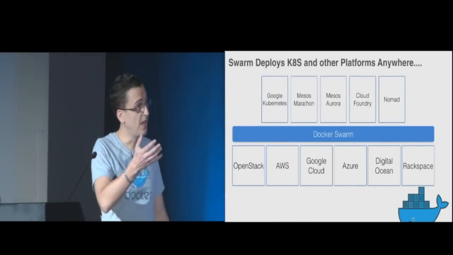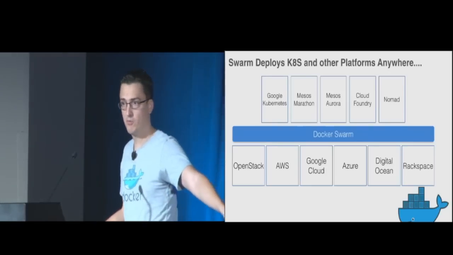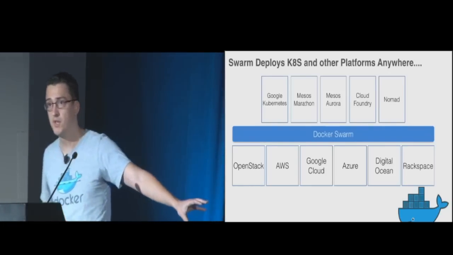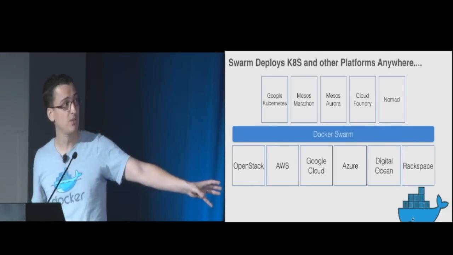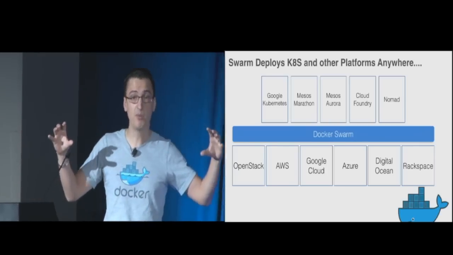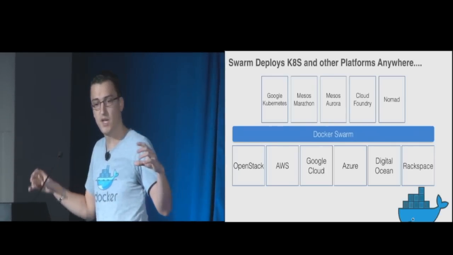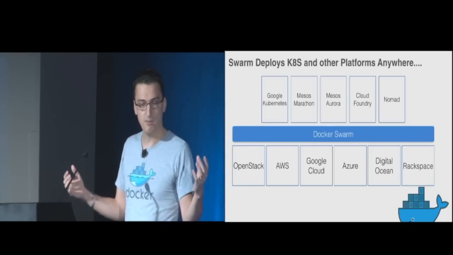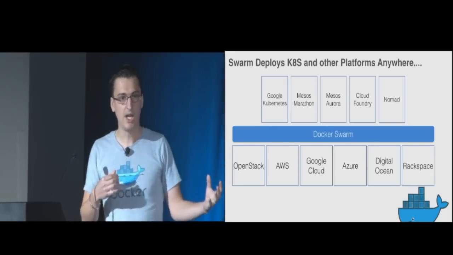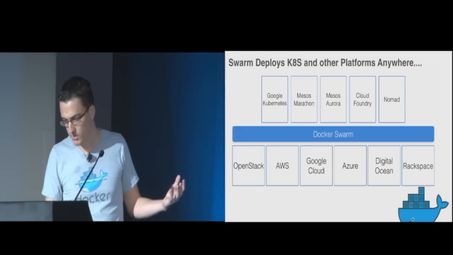So this illustrates what I just said. On the layer below, you see all the platforms that you can use to do this. And then you have Swarm that brings a portability layer for deployment and managing your clustering solutions. And then on top, you have Kubernetes, Mesos, also Cloud Foundry, any clustering solution that you would use.